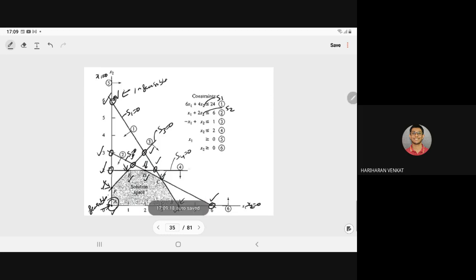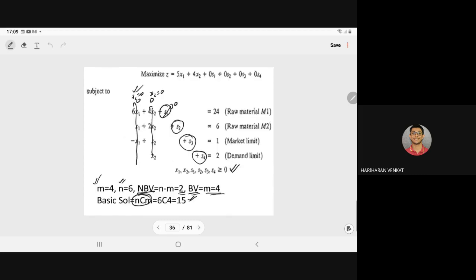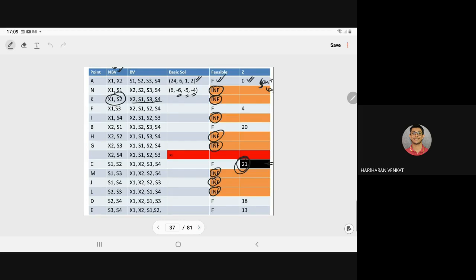So here you can see we have the line parallel to the x-axis, so it cuts at infinity. So this will be the 14th one.